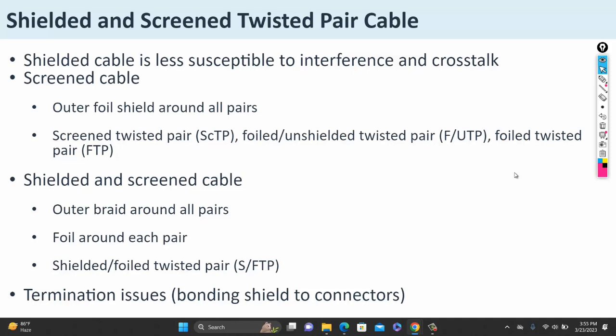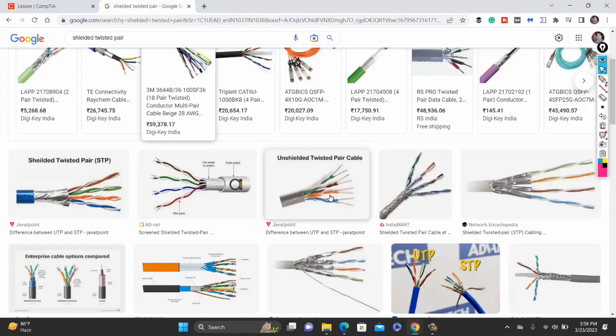In this section we will discuss shielded and screened twisted pair cable. Unshielded means there is no shield, but shielded means there is a shield of foil paper. All of us know about foil paper. This foil shield is around all pairs, and there is also some double shielded type.